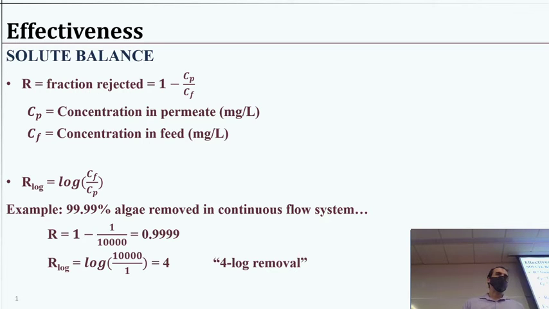And so if we describe a system where we have 99.99% of these algae cells removed, for example, then that's going to give us an R log of 4, because if you take 1 minus 0.9999 and take the log of that, that's a log of 0.0001, 10 to the minus fourth equals that. So that's where we get that 4.